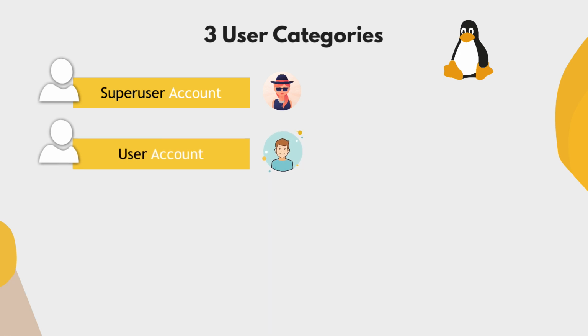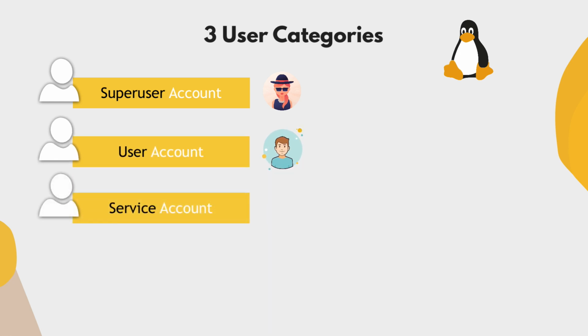And the third type is service user. The service user is relevant on Linux server distributions because Linux is widely used for servers, and servers run different services like a database server or a web application server, etc. And it can run multiple of those services.